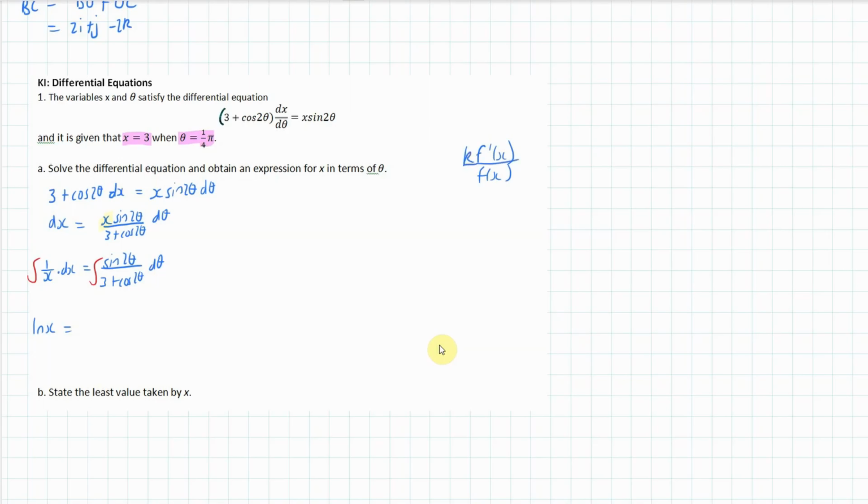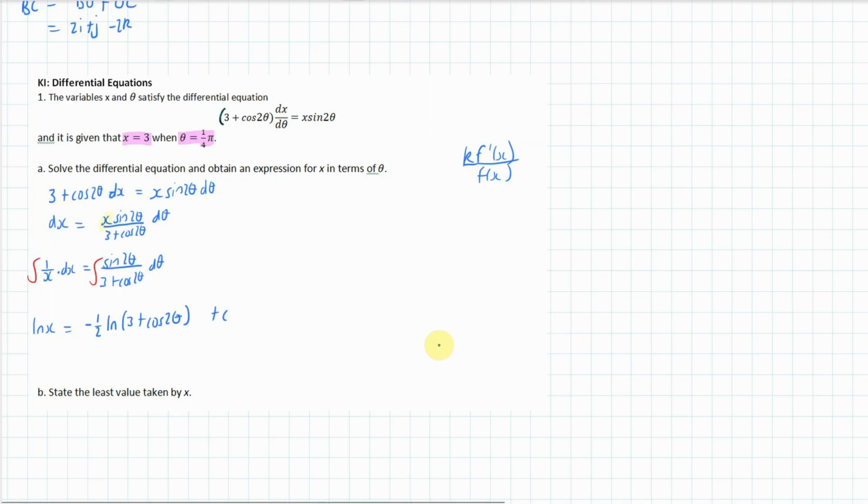Okay, so I think it's going to be negative 1/2, and then ln (3 plus cosine 2 theta), and plus c.